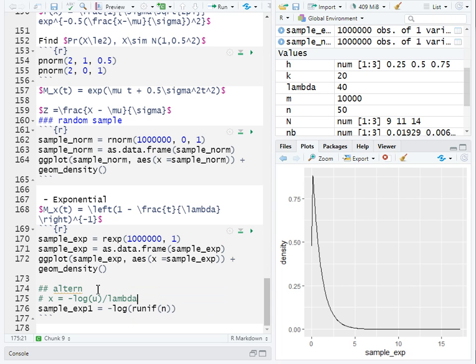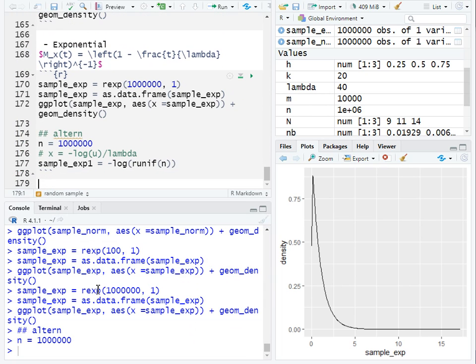Here we place n, and we have sample minus log runif divided by lambda, and lambda will have a value of 1, like it was over here.